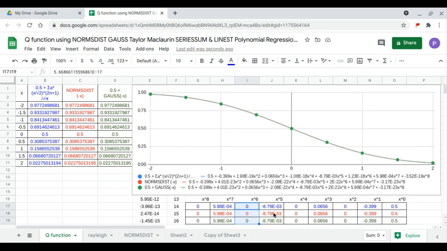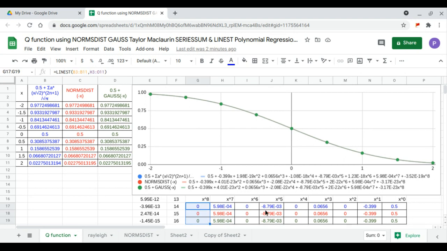X to the sixth, this is 1.23 times 10 to the minus 18, that's very small, that's already 0. 2.2 times 10 to the minus 22, this is already 0. X to the seventh, 5.98 times 10 to the minus 4.